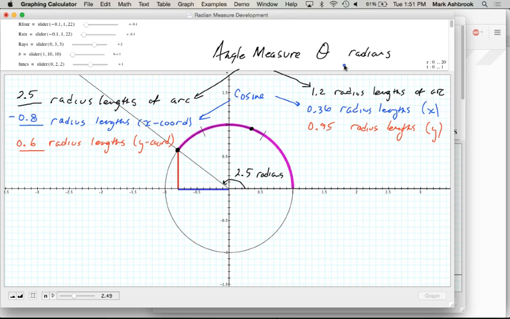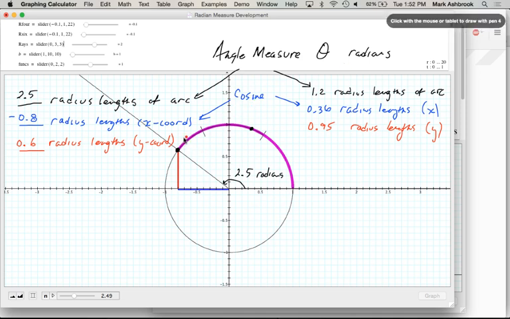So what is the cosine of 1.2? Everybody. 0.36. What's the cosine of 2.5? It's a function. Its independent variable is this angle, and its dependent variable is the resulting x-coordinate on the circle.